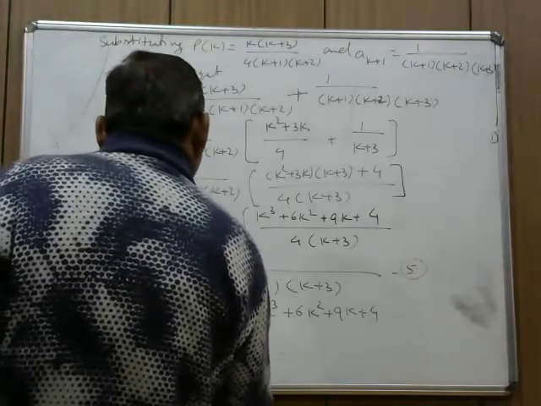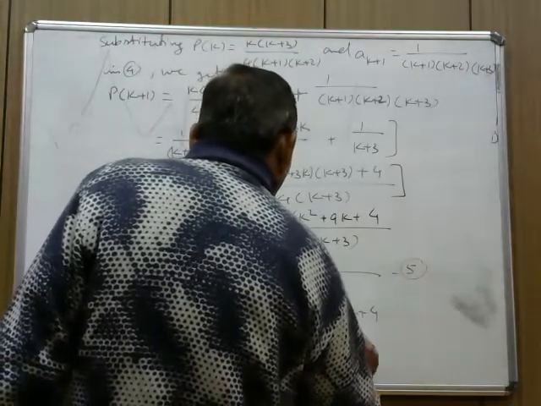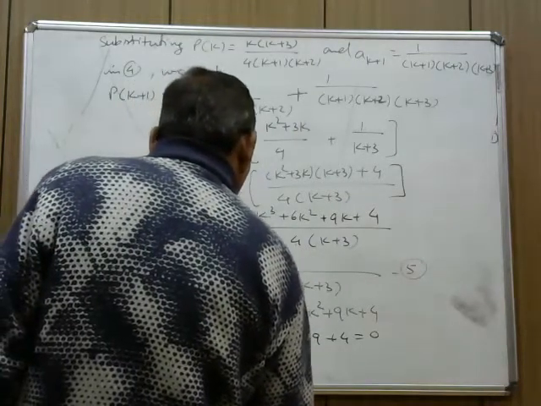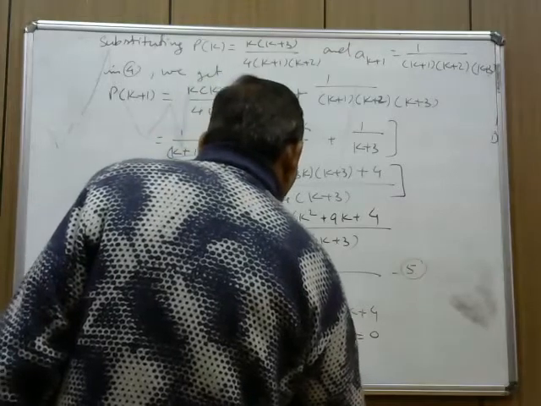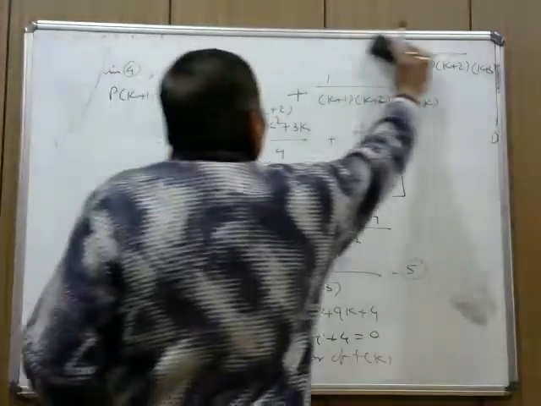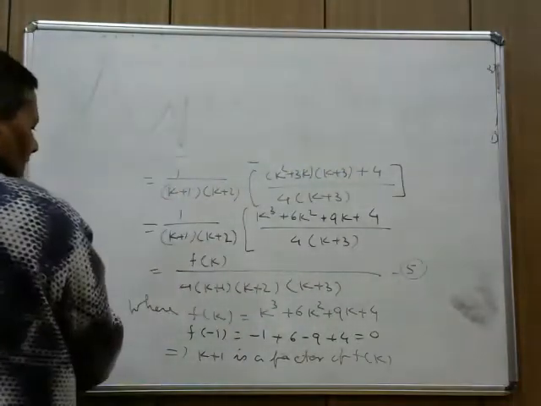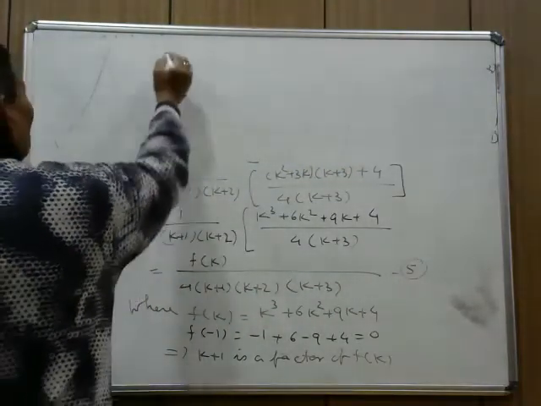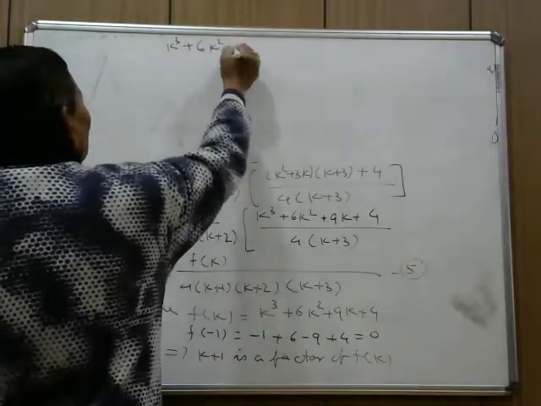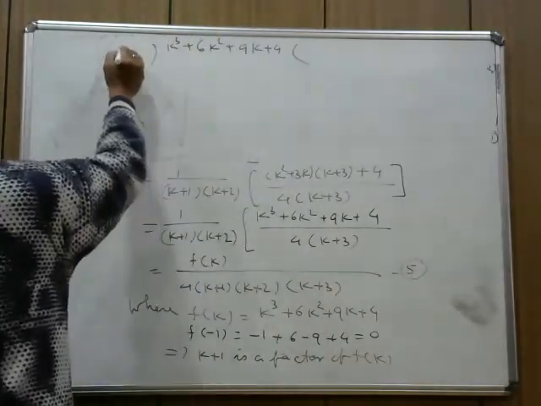f of minus 1 is equal to minus 1 plus 6 minus 9 plus 4, that is equal to 0, implies that k plus 1 is a factor of f k. So you find other factors. Now divide k cube plus 6k square plus 9k plus 4 by k plus 1.